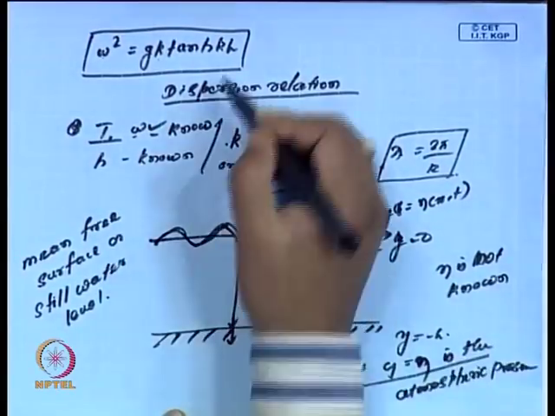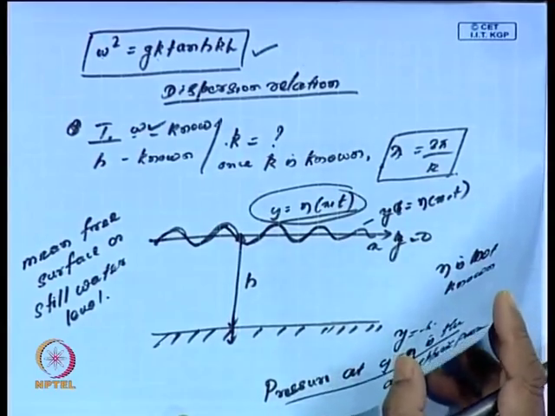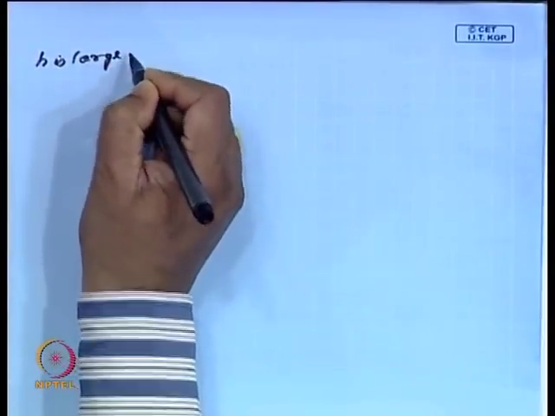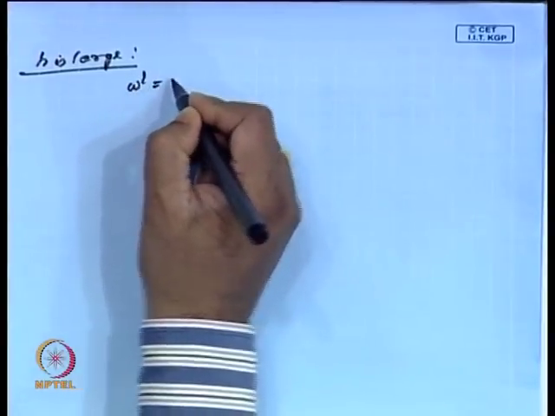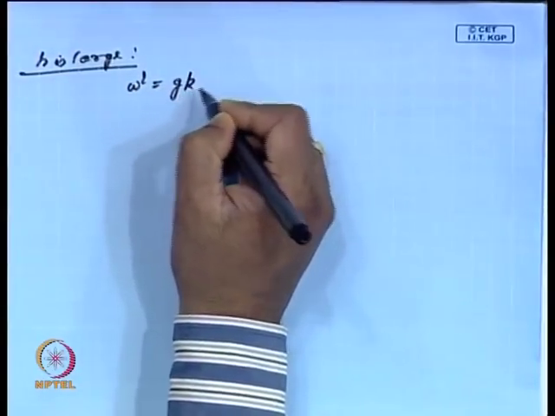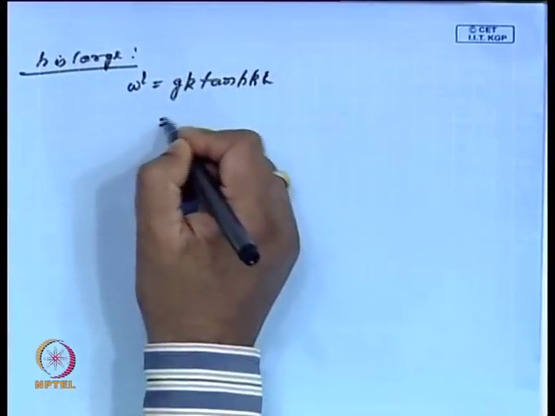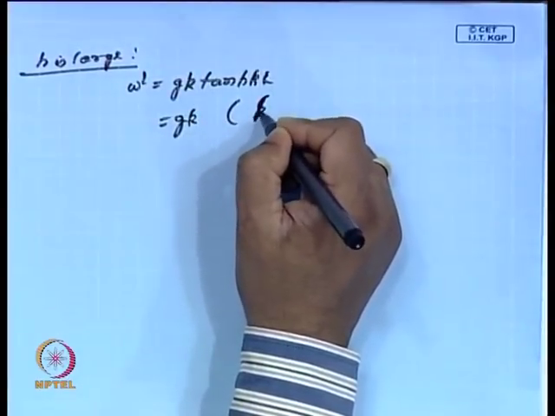Another thing, if I again look at this dispersion relation, I can easily find what happens when h is large. When h is large, then I will have omega square is equal to g k, because tanh(k h) tends to 1 for k h large.